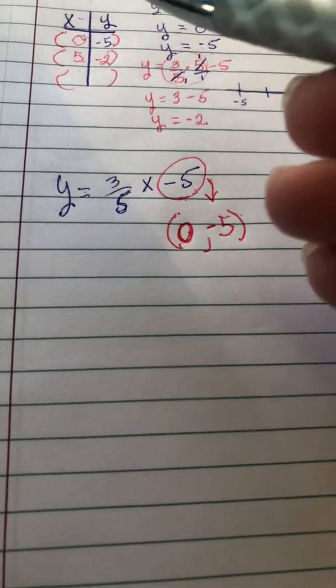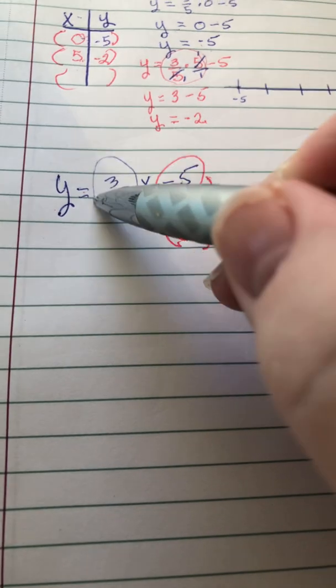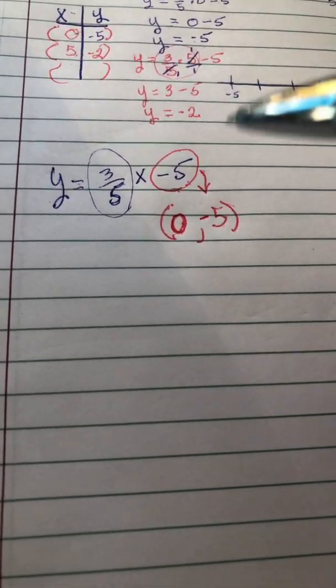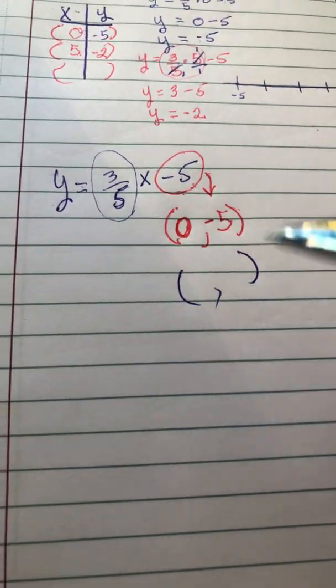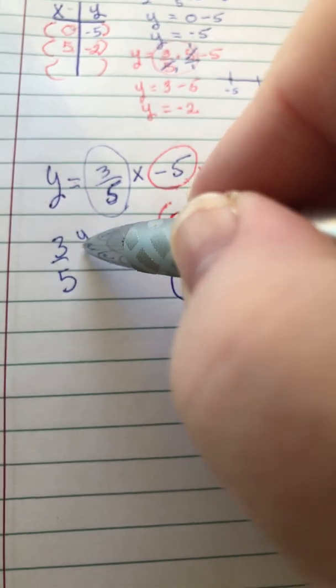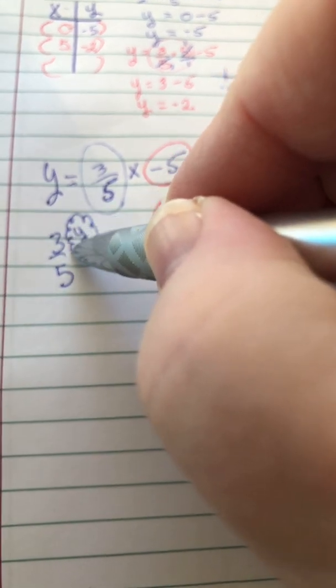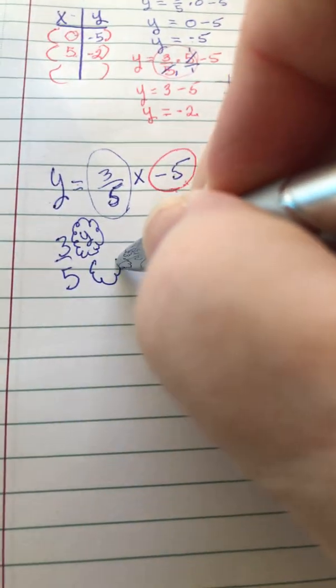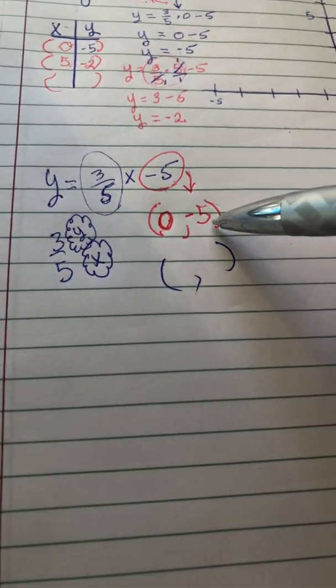Then you can use the slope, which is this number that's next to the x. That number tells you how to create the next point. So 3 over 5, the top number is telling you how to change our y value. And the bottom number tells you how to change the x value of the set that we already have.